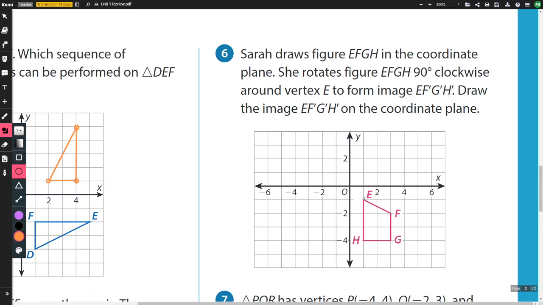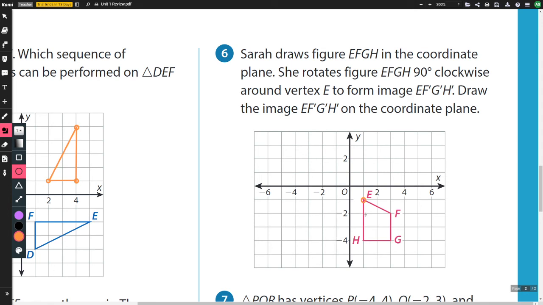So right here, I know that E is going to stay the same. No matter what happens, my E is the same. So my other lines should still radiate from this point. I'm going clockwise 90 degrees. My easiest line to do is this straight line, because I know it's still going to be a straight line.